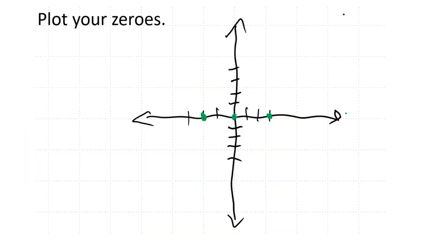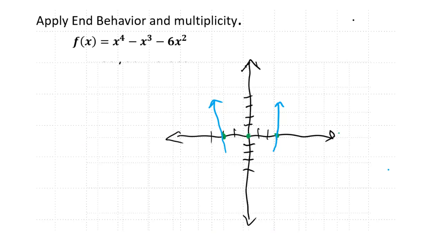And so let's go ahead and plot. These were our intercepts, right? And then we can use our end behavior to see how this is going to behave. We see that this is an even function and that the leading coefficient is positive. So that means that both sides are going to point up. We're going to have a W when we draw this, right?